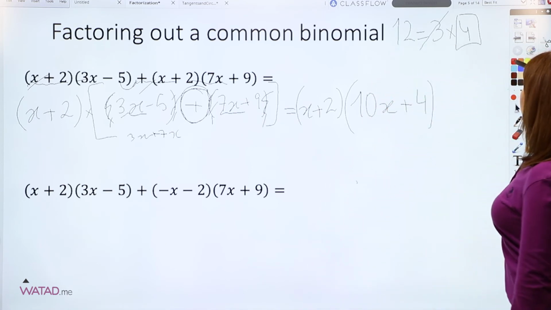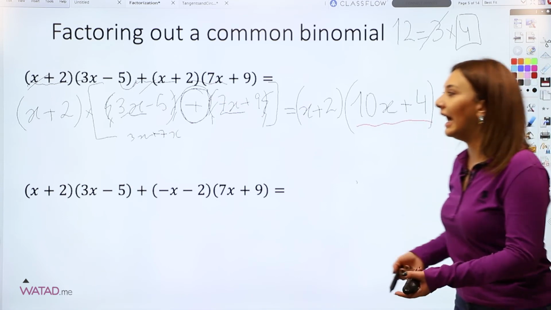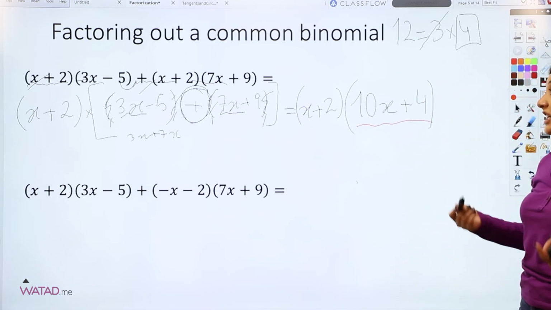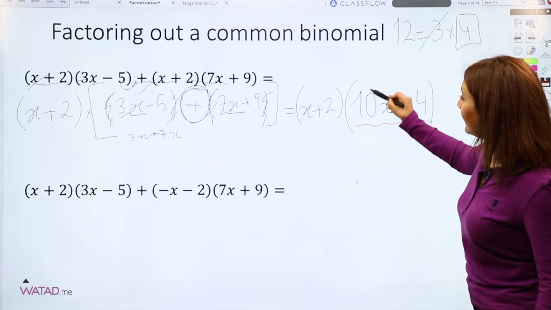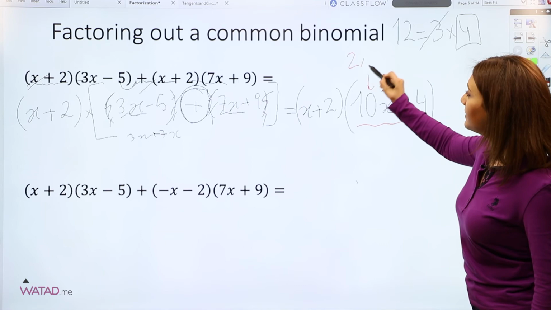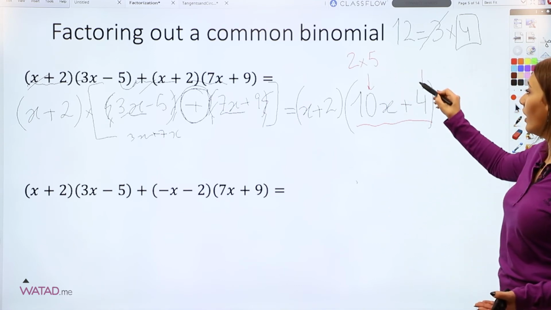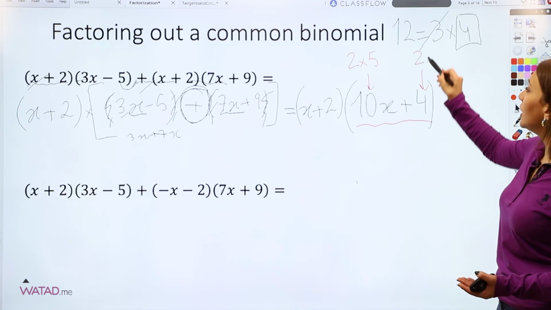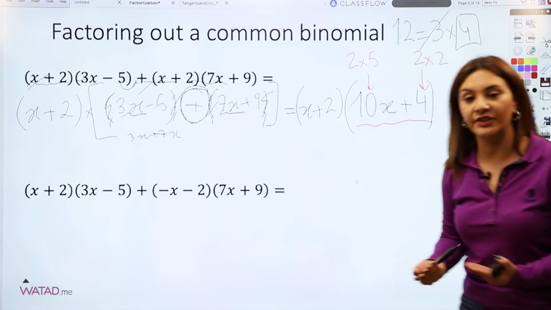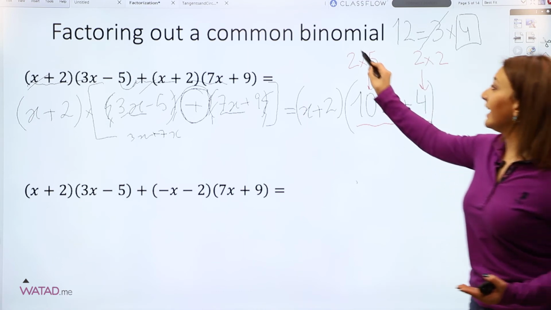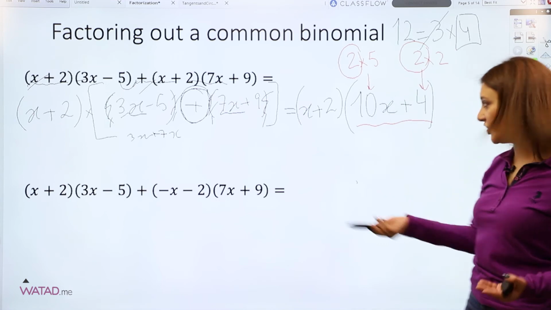Now I notice, guys, that in the second term, I still have something which is in common between them. What is it? 10, I can write 10 as 2 times 5. They are both even numbers, and 4 is also an even number, 2 multiplied by 2. So I can continue my factorization by taking out my common integer, which is 2.